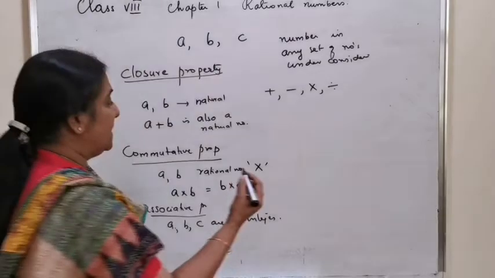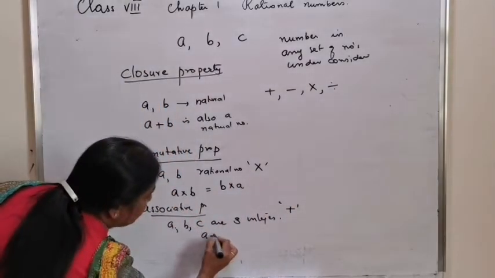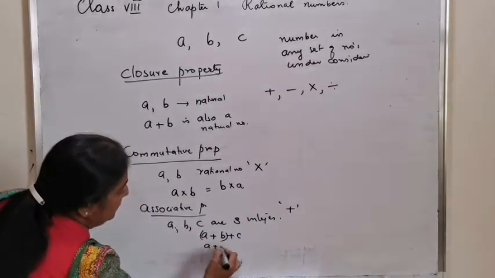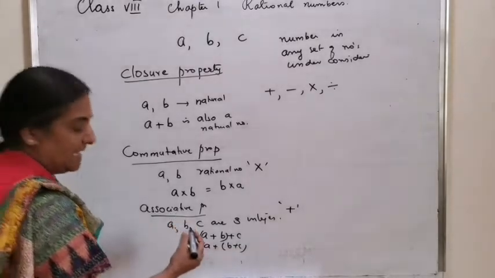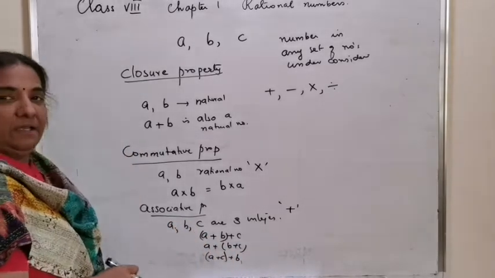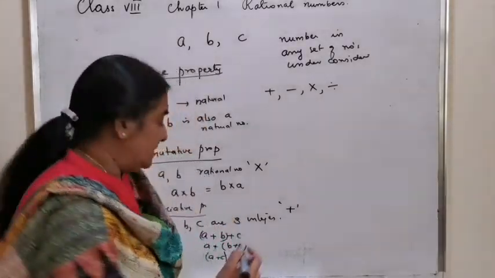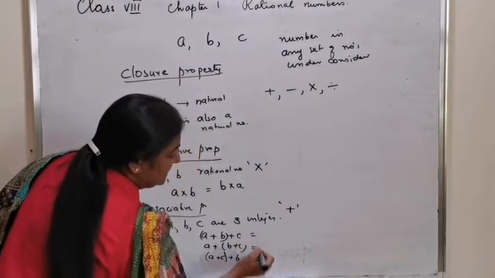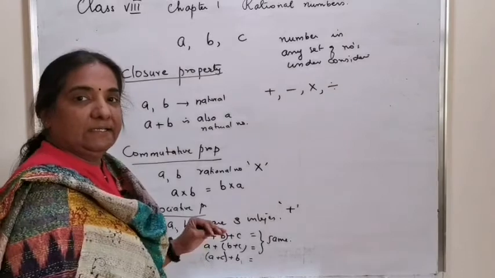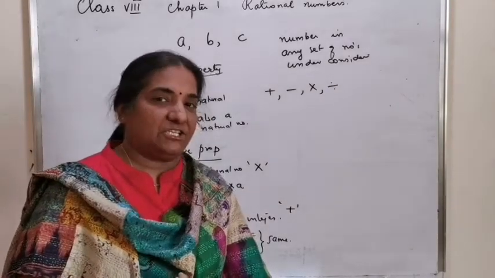Under the operation of addition, if you can prove that A plus B plus C and A plus C plus B, in any order if you add, the sum remains the same, we can say that integers follow associative property under addition.